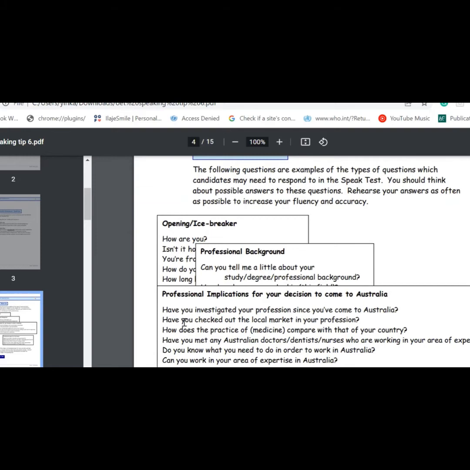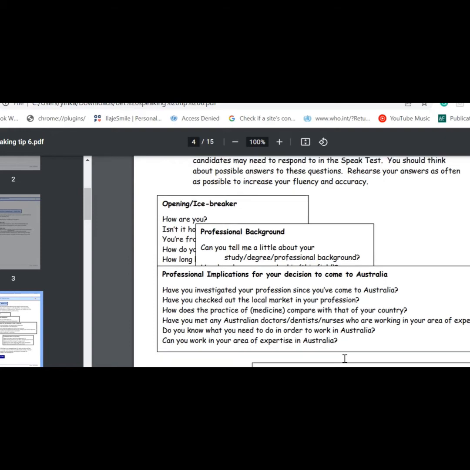Have you investigated your profession, since you are in this country, like Australia? Do you know what you need to do in order to work in that country? They're just asking you general background questions about your study, your degree, your profession.